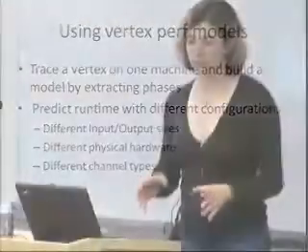So just to recap, what we're doing here is we're developing a performance model for each vertex in our program, and we're doing this by taking a reference trace on one machine. So we run it once with the input data, or some fraction of the input data that we're going to use when we run it in the future.